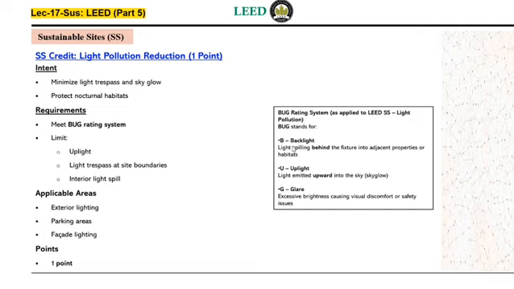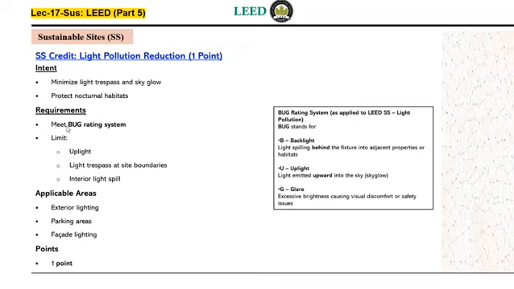BUG stands for B for backlight, which is light spilling behind the fixture into adjacent properties or habitat, U for uplight, meaning light emitted upward into the sky or sky glow, and G for glare, meaning excessive brightness causing visual discomfort or safety issues.